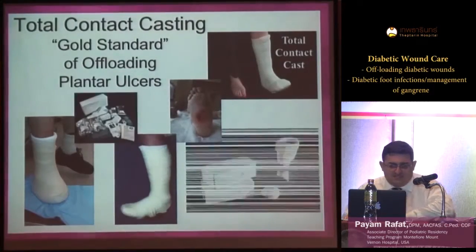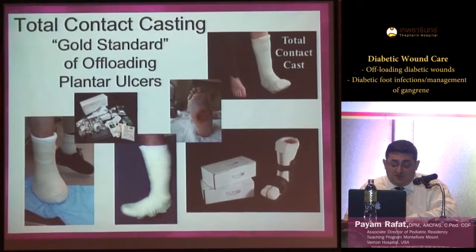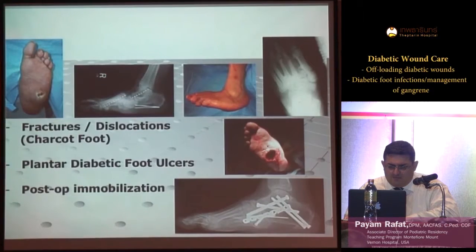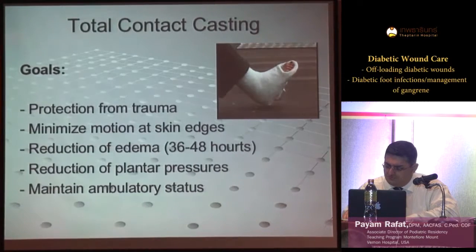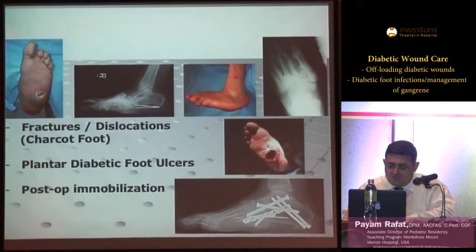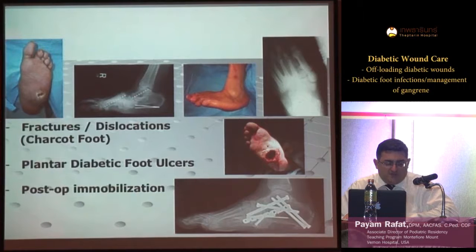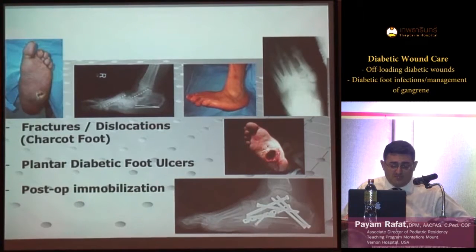Now, total contact casting is the gold standard for offloading plantar diabetic foot ulcers. It's very helpful for decreasing pressures. It's also very helpful in decreasing pressures in people with Charcot deformities, and it can also be used for post-op immobilization.